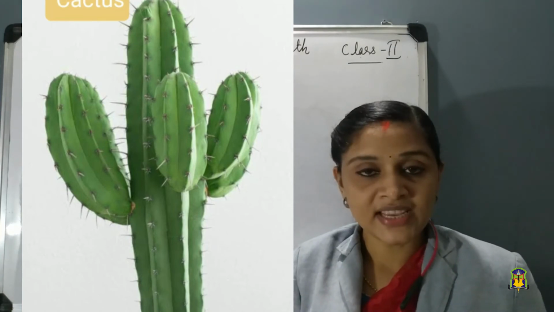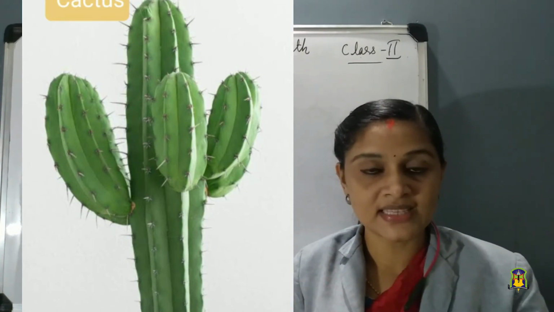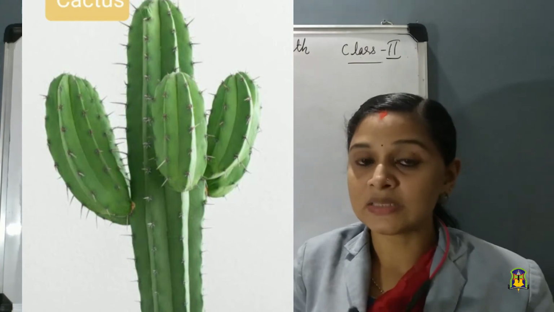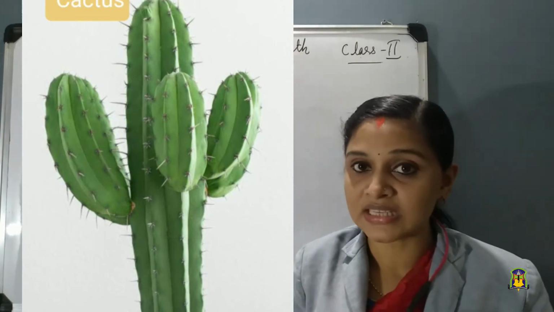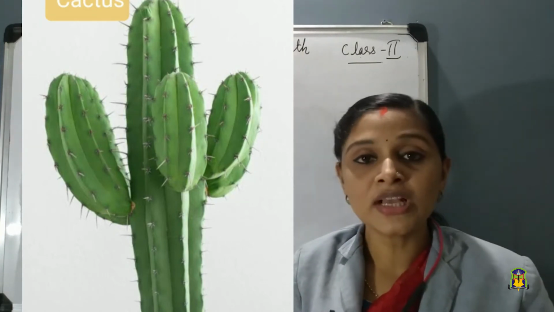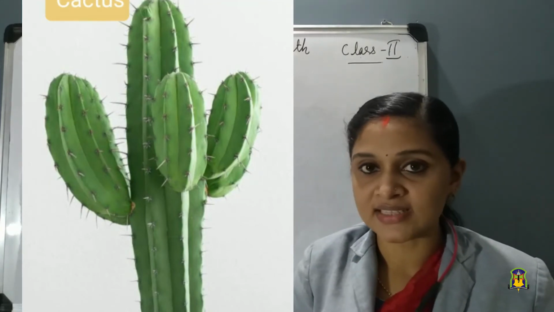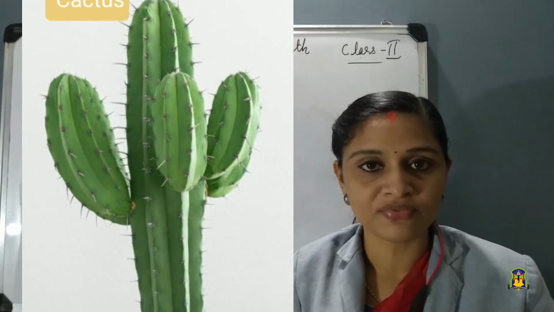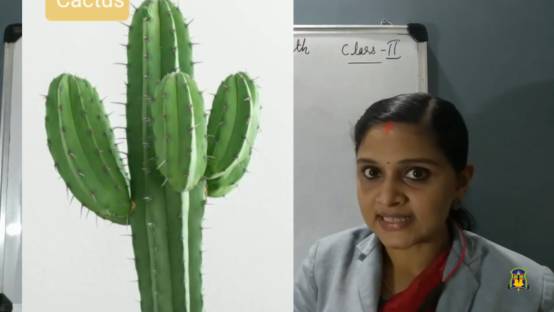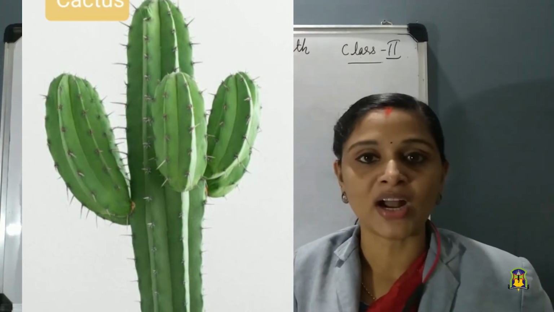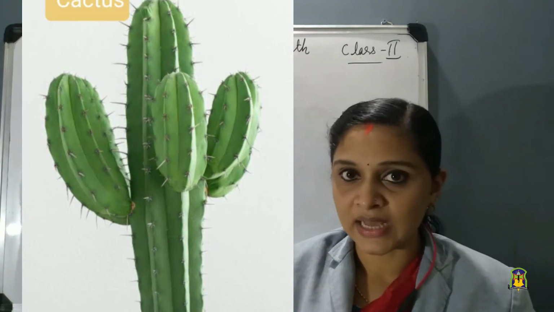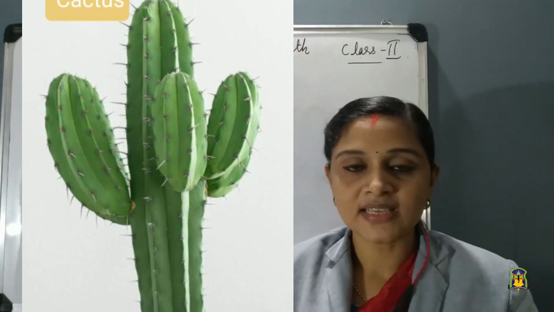We can see many spines in this cactus plant. Actually, the leaves are modified into spines. And one green fleshy part we can also see. Actually, that is the stem of this cactus plant. Inside the stem, they store a large amount of water. That is why the cactus plant lives in desert areas.